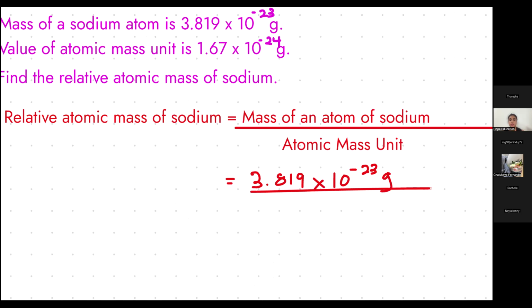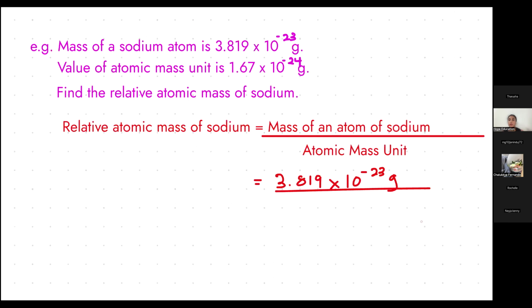Divided by atomic mass unit, which is 1.67 into 10 to the power minus 24 grams, is 0.167 into 10 to the power minus 23.